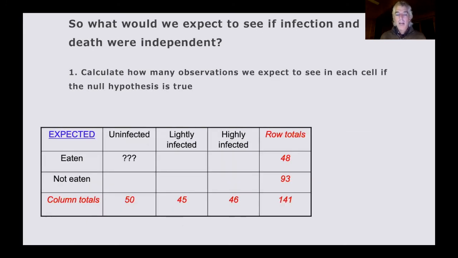So the next step in calculating our expected values is to try and determine how many observations we would expect to see in each of these cells if the null hypothesis were true.